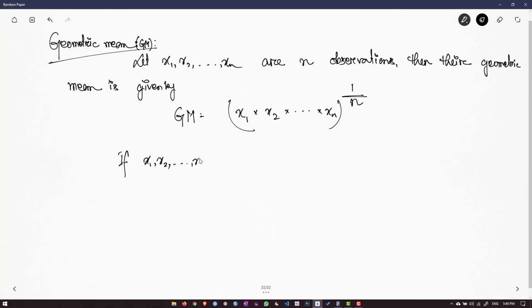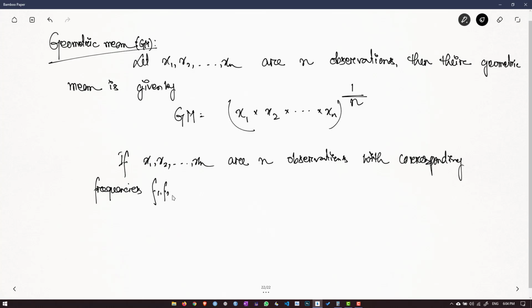If x1, x2 up to xn are n observations with corresponding frequencies f1, f2 up to fn, then their geometric mean is given by, this time you will have to raise every individual observation to their frequencies.